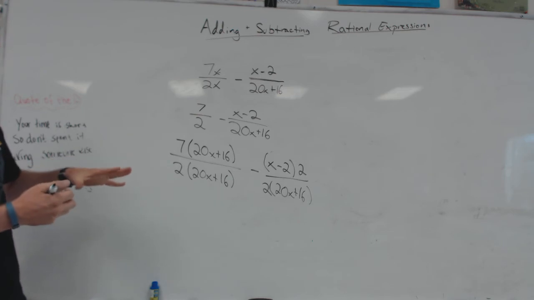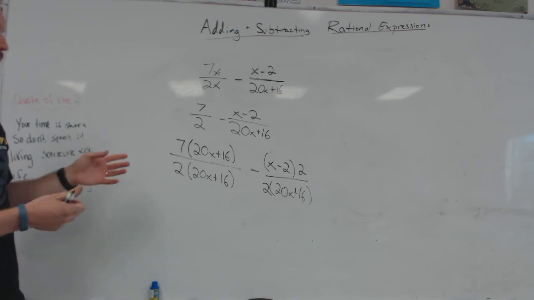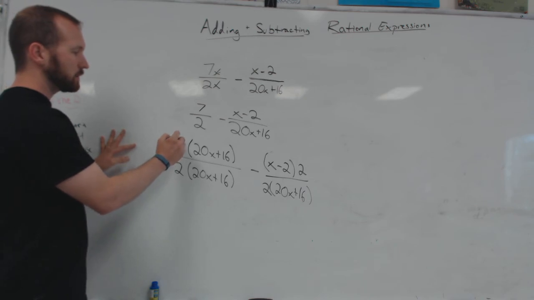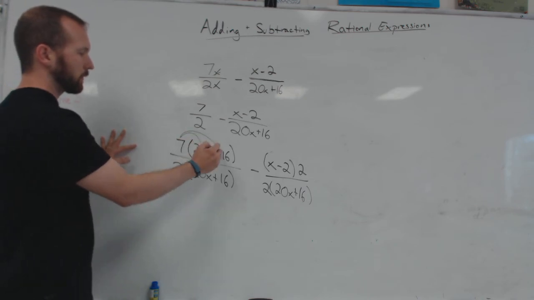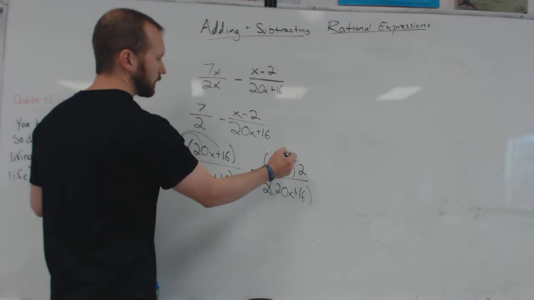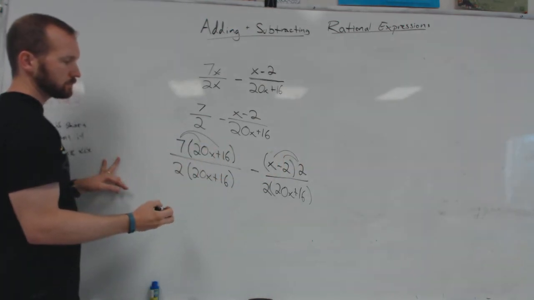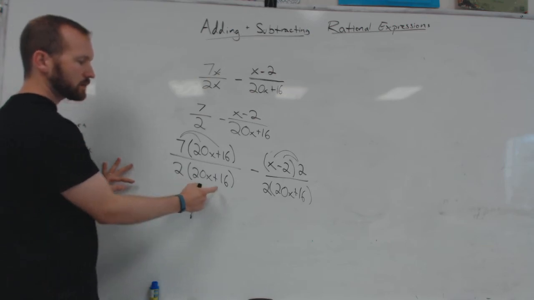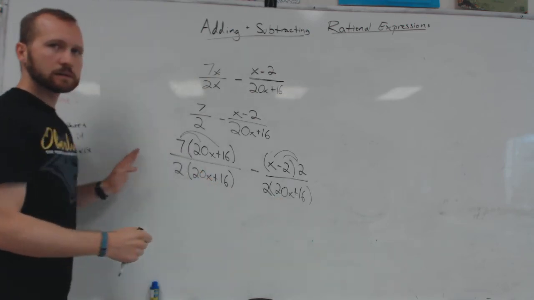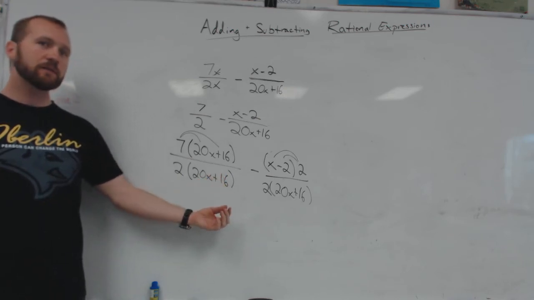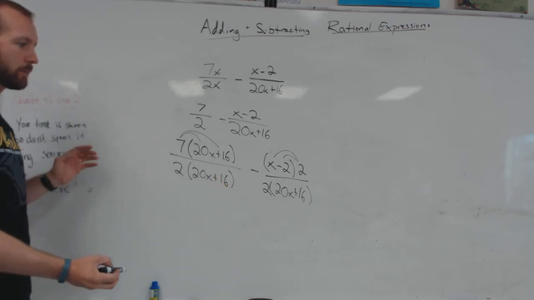In this case, there's not really anything else we can do. So we're just going to go straight to kind of distributive property in the numerator because we have to combine our two numerators. I don't care about distributing the denominator because I don't have to add anything together. And so I actually want to leave the denominators factored.